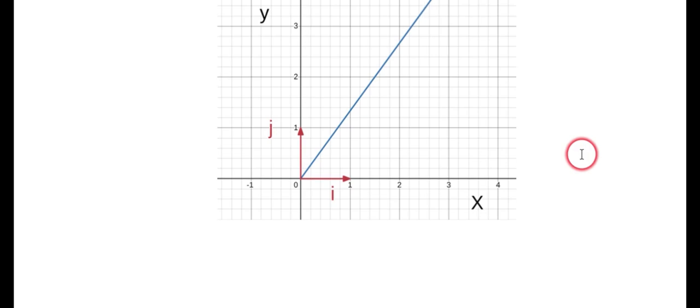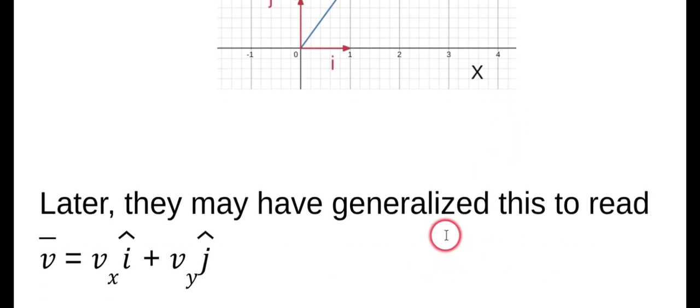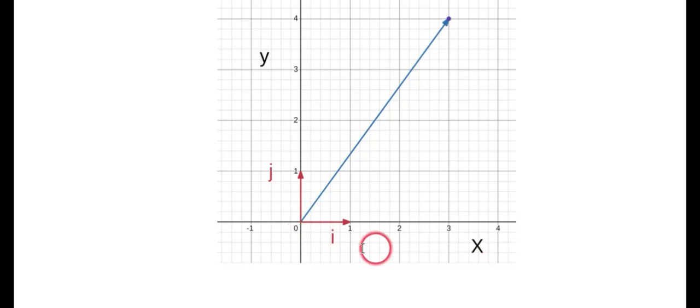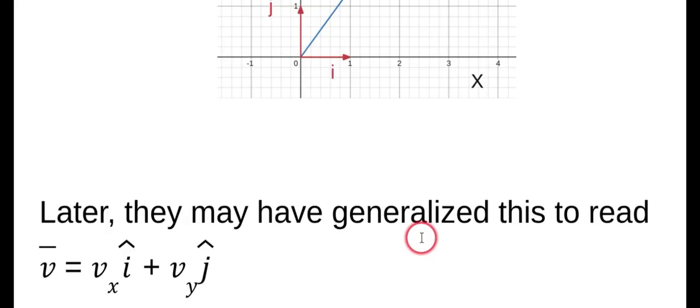Okay? Now, one of the nice things about this is that as you continue through school, things get more and more generalized, right? So later you may have generalized that vector we just looked at to look like this. So they would have said it has an x component and a y component times those basis vectors.